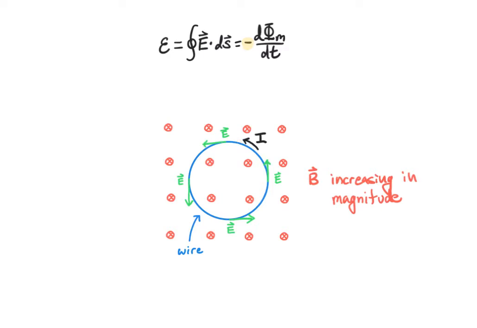To do that, we use something called Lenz's law, which is what this negative sign mathematically represents. The reason for this strange combination of names for a single equation is historical. Michael Faraday was the first person to recognize the relationship between changing magnetic flux and induced electric fields.